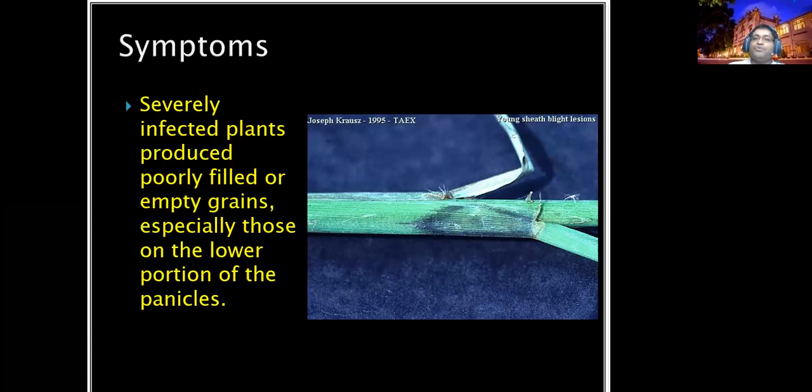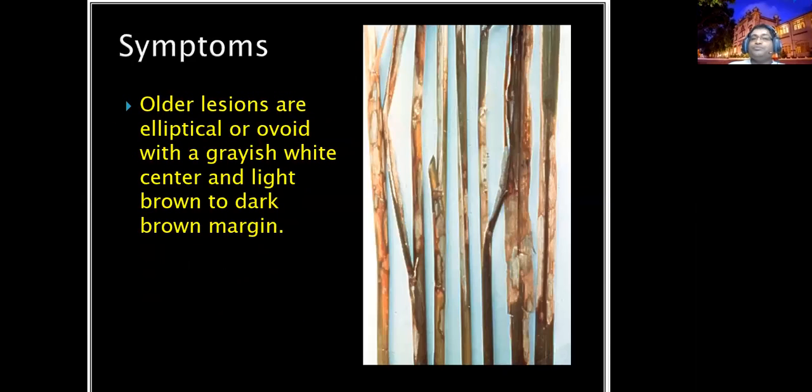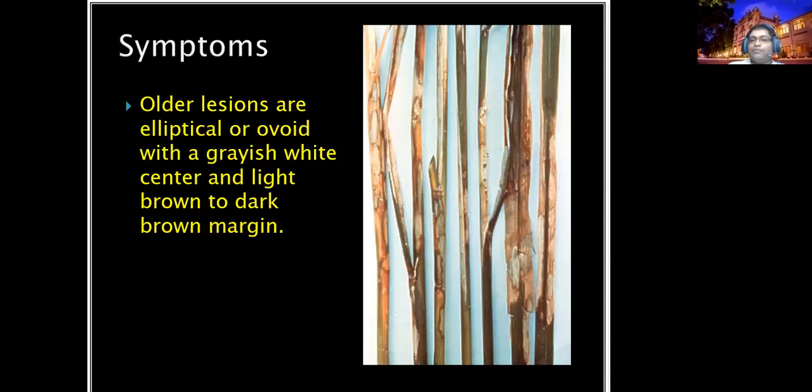This is the third. There are three symptoms. The first symptom is in the sheath regions, where you can expect an ellipsoidal or ovoid shape, water soaked and gray, greenish gray. Next, in older lesions, you can find a grayish white center with a light brown to dark brown margin.